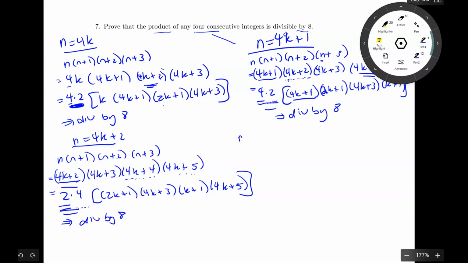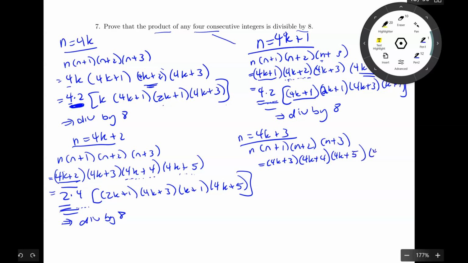One more case. n equal 4k plus 3. So n plus 1, n plus 2, n plus 3. You're getting it. 4k plus 3. Lots of writing. 4k plus 4, 4k plus 5, 4k plus 6. Okay, so let's get the 4 and the 2 out here.